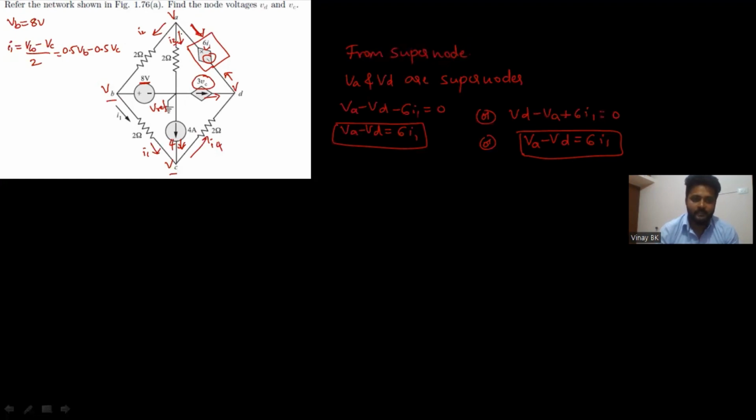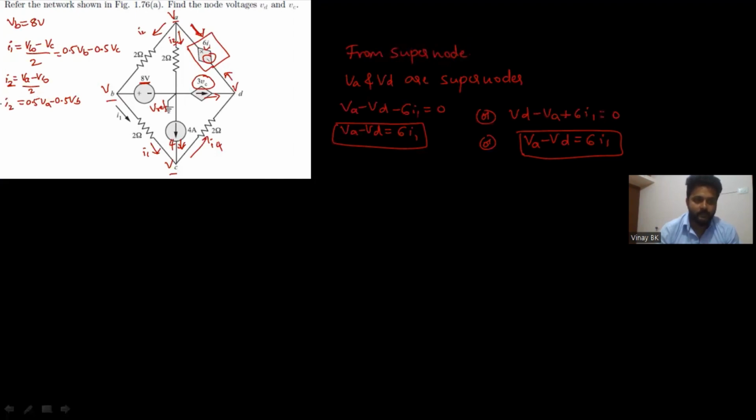Similarly, what is I2, which is flowing from VA to VB? I2 is nothing but VA minus VB divided by 2. Again, you can write it as 0.5 VA minus 0.5 VB. That is I2.